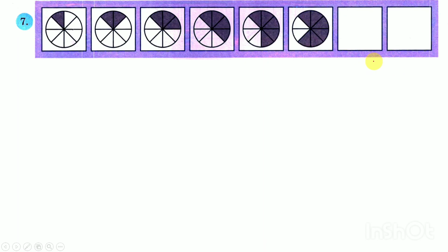Actually the shaded portion of the triangles is increasing, but in a clockwise manner. Here the rotation is clockwise. Then our next figure will be this. The shaded portion is already there. I will draw it again. Wait. Now filling the color.